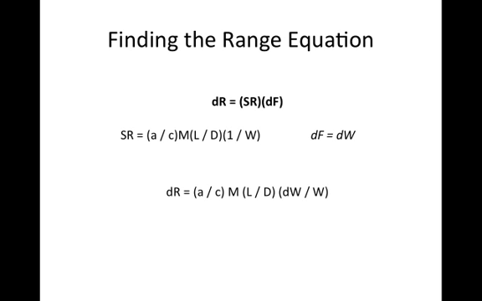If we integrate that, we come up with this expression, which is the velocity over the specific fuel consumption times the Mach number times the lift over the drag times the natural log of the initial weight of the aircraft divided by the final weight of the aircraft. So this is Breguet's equation for the range of an aircraft.